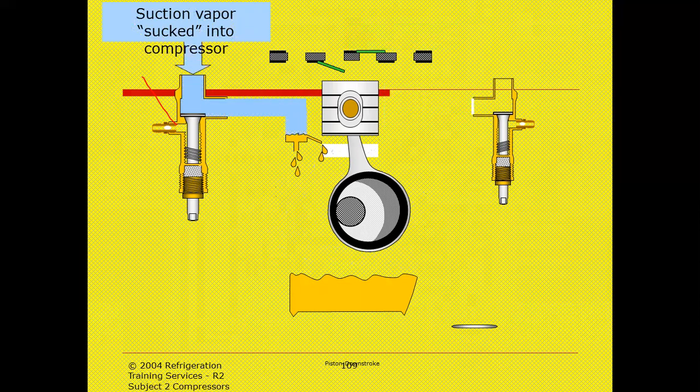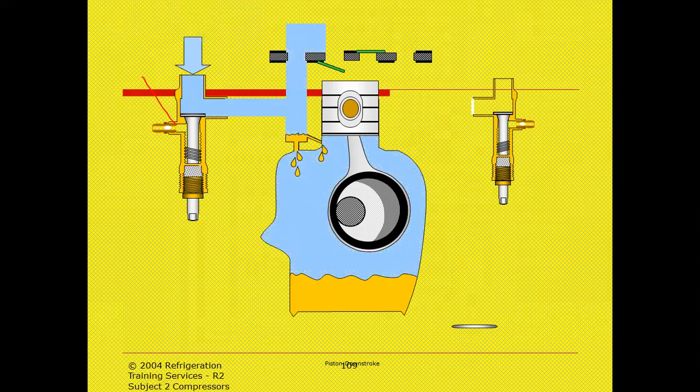The compressor will suck into the system. Whenever the blue colored portion is showing in such a direction, automatically it will enter into the system.